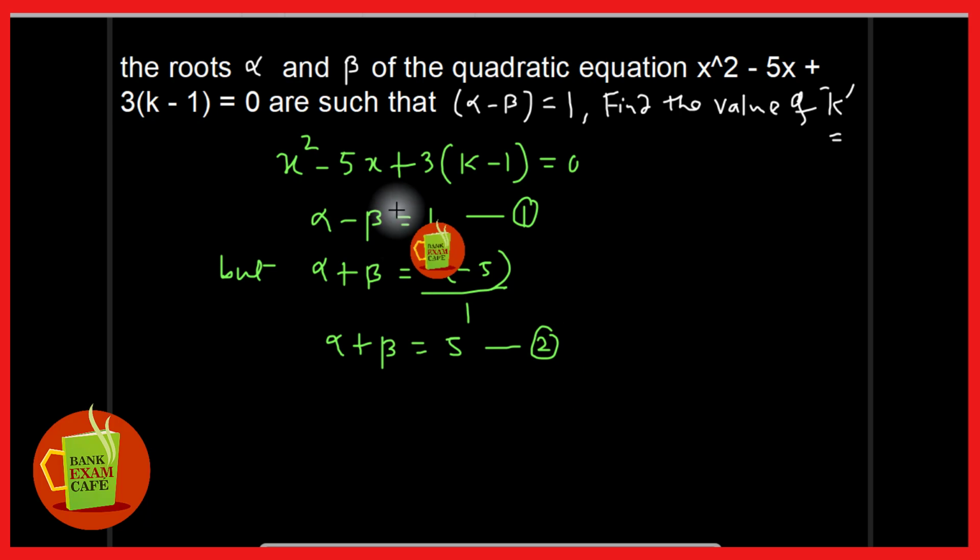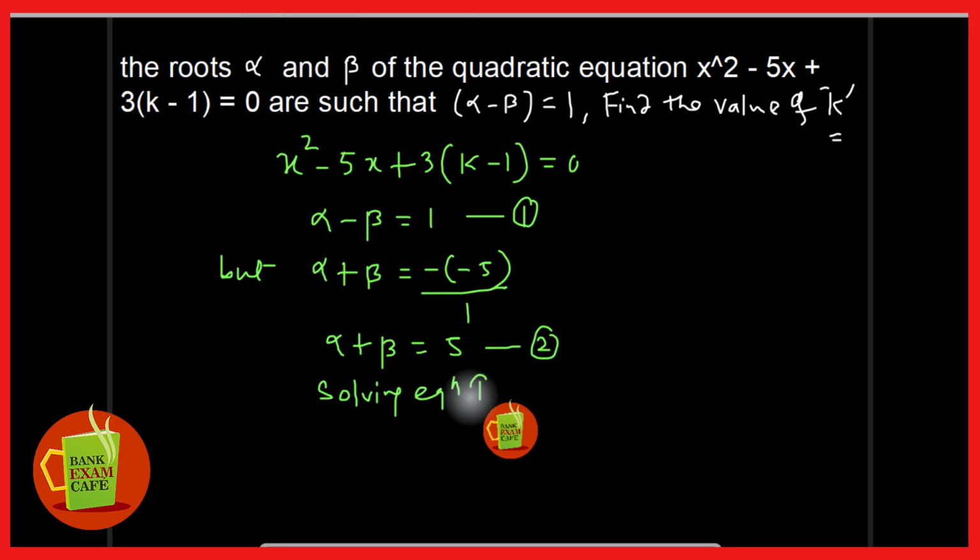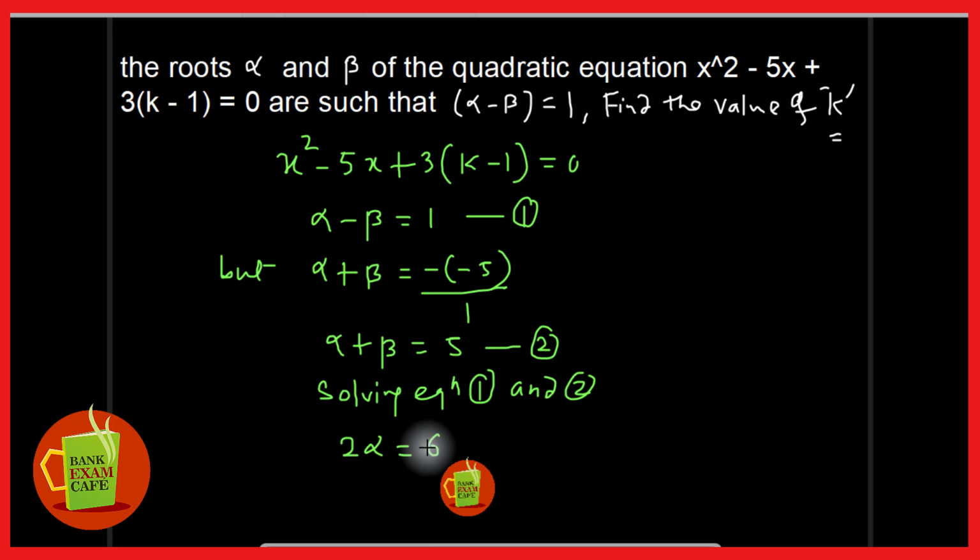So let this be equation number 2. Now solve equation number 1 and 2. If you solve this, minus beta and plus beta will get cancelled, and you will get 2 alpha is equal to 6. 1 plus 5 is equal to 6. 2 1s are 2, 2 3s are 6, and therefore alpha is equal to 3.